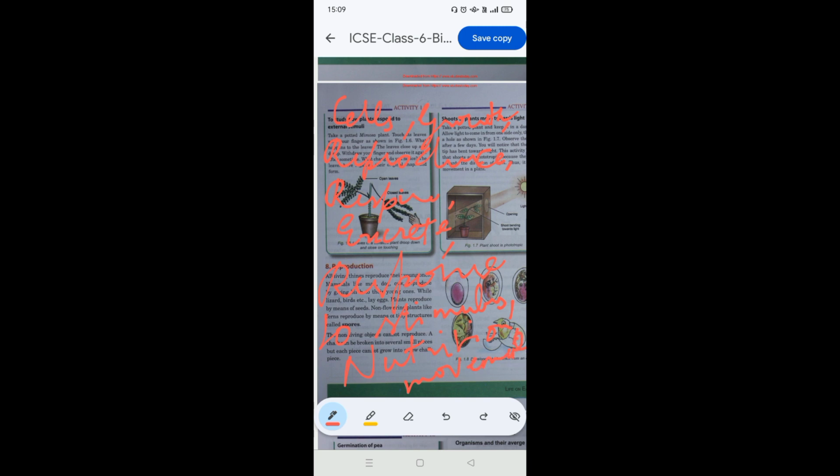So these are the characteristics which we have explored until now that differentiate living beings or living things from non-living things.